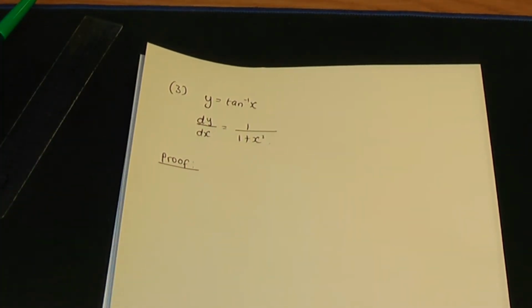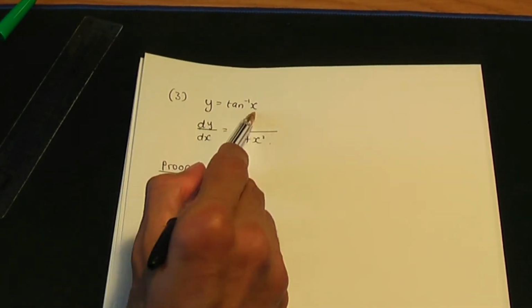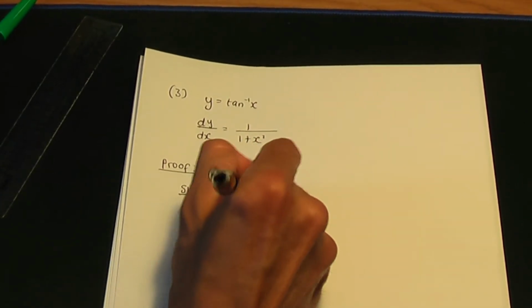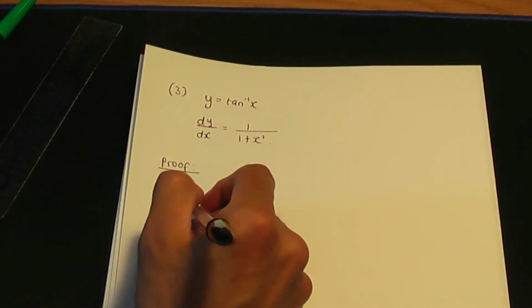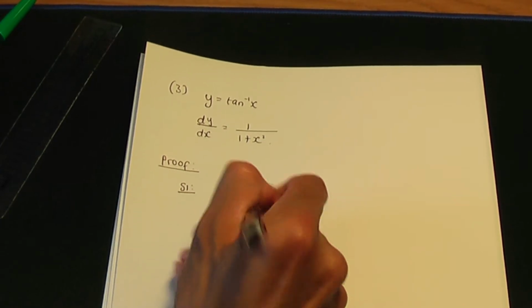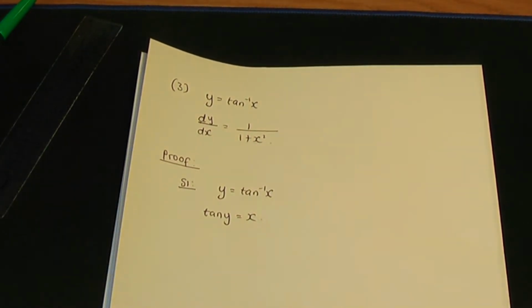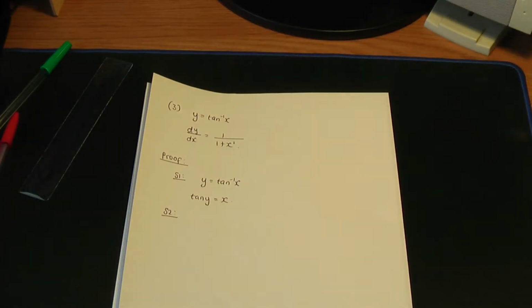So using the same steps, step number 1, start with this equation here. So y is equal to tan inverse x, and when I rewrite, tan y is equal to x on the right. Okay, so that is step number 1. Remember step number 2.